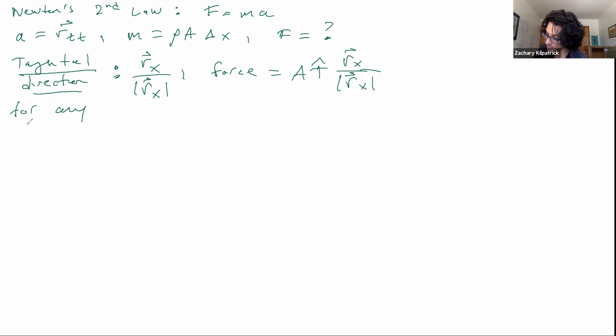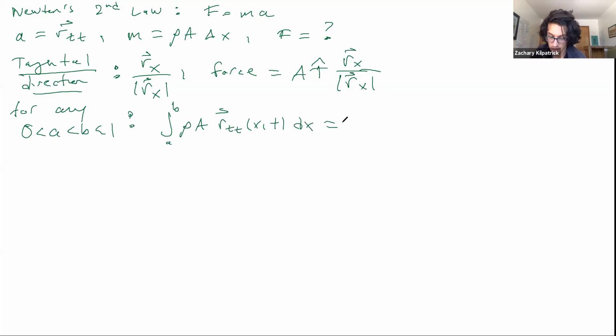So for any interval A to B, we can basically integrate rho A r_tt x_t dx, and this is equal to A t hat r_x divided by the magnitude of r_x evaluated between A and B, okay?